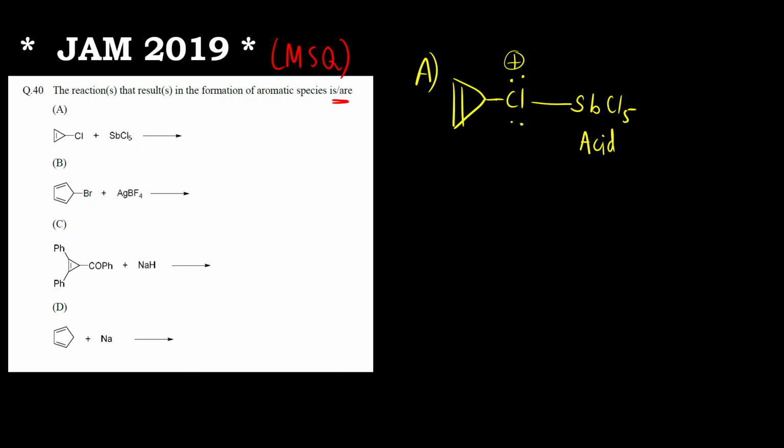Positive charge on an electronegative atom is not stable, because an electronegative atom wants electrons or negative charge, not electron deficiency. So this will break like this, and we are going to get this carbocation. Is this aromatic? Yes, it has an odd number of double bonds, so it is aromatic.